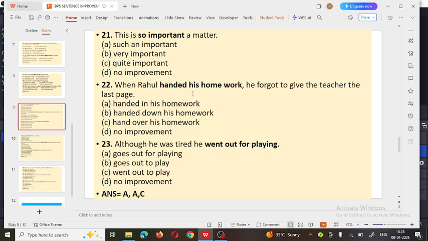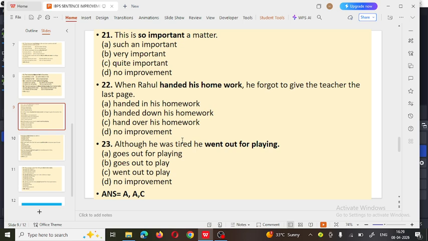Now here, the options are handed his homework, handed in his homework, handed down his homework, or hand over his homework. Hand over is what we use when handing over things, any task or assigned work, isn't it? But when we are talking about homework, it should not be handed over.